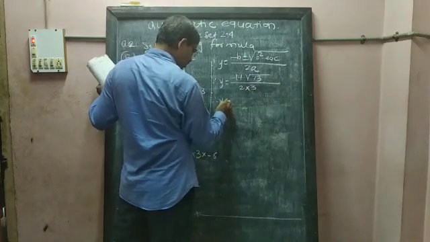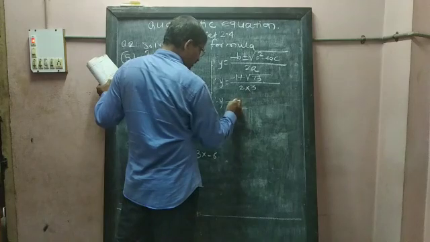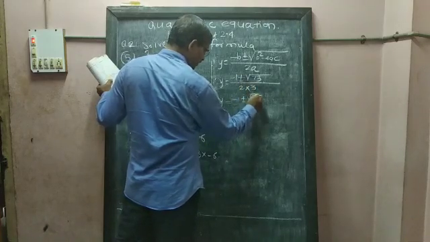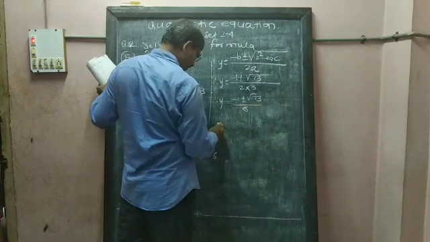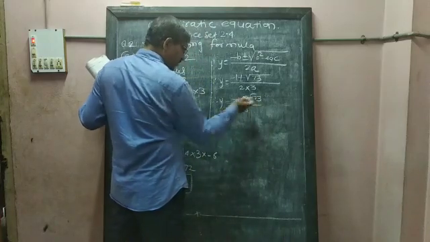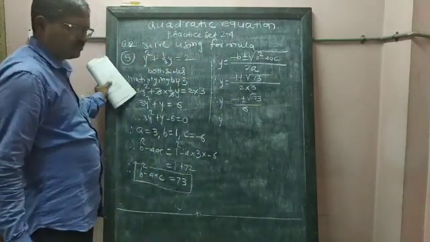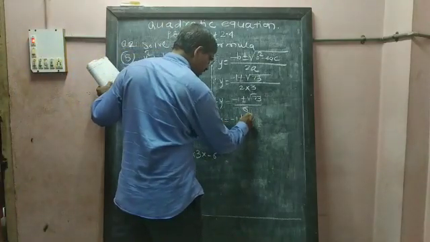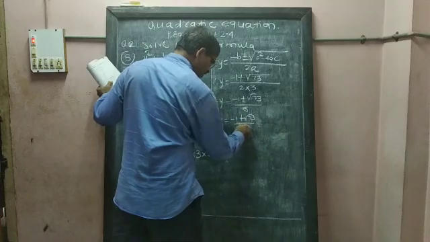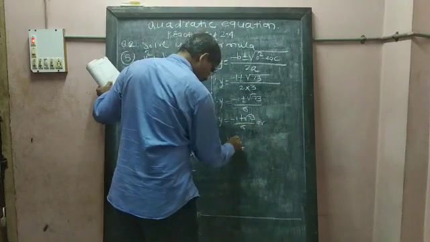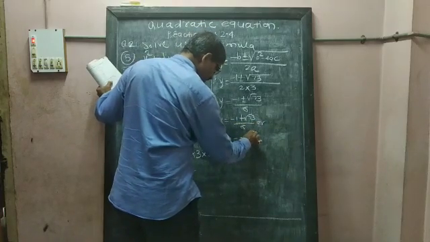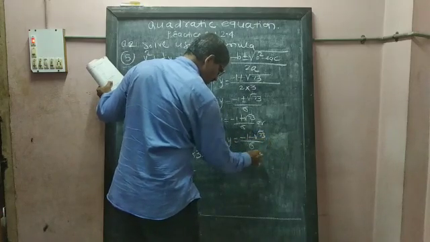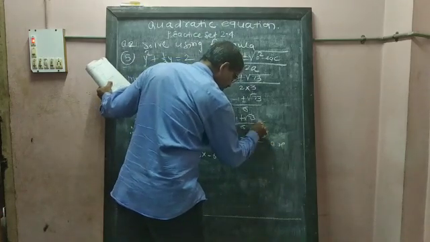Now y is equal to minus 1 plus minus under root 73 upon 6. Here we cannot calculate the square root of 73. So the solution is y is equal to minus 1 plus root 73 upon 6, or y is equal to minus 1 minus root 73 upon 6; these are the roots.